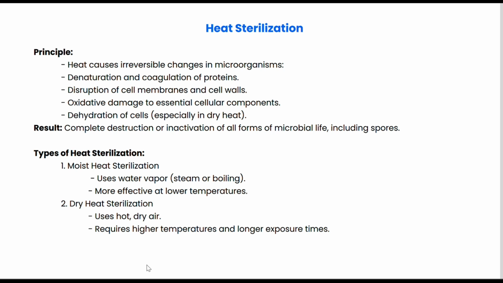It causes denaturation and coagulation of proteins, meaning the critical enzymes and structural proteins inside the cell lose their natural shape and clump together, making them non functional. It also disrupts the integrity of cell membranes and cell walls, causing leakage of cell contents and loss of essential cellular function. Additionally, heat can cause oxidative damage, burning or oxidizing important molecules inside the cell.